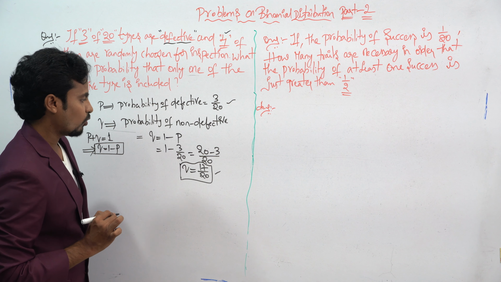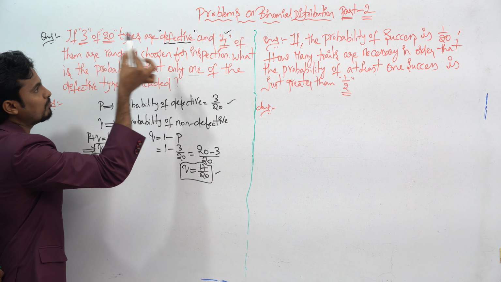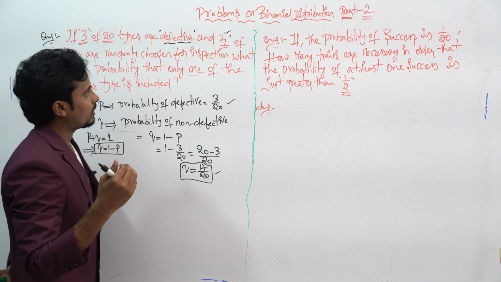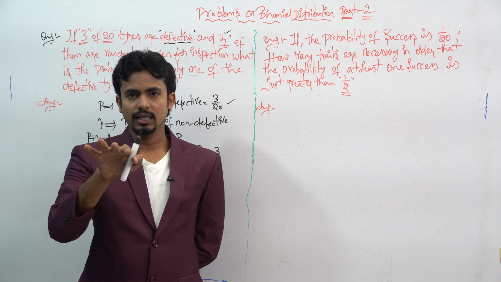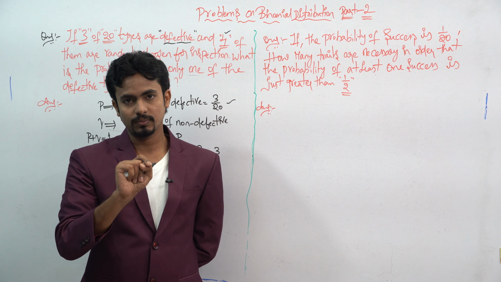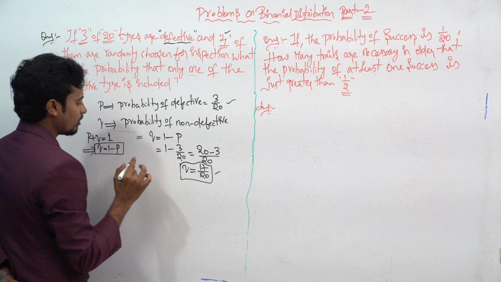And what will be n? n is 4, not 20, because we are choosing 4 tires for inspection, and among those 4 we want 1 to be defective.